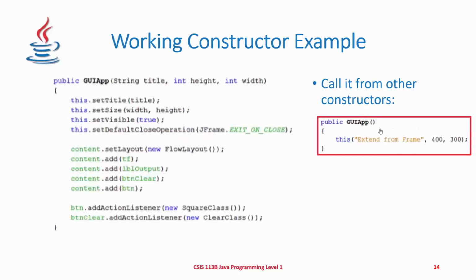Now this would be a working constructor example. You can see that in this particular constructor method, it takes in the 3 data types that are possible when creating a new instance of the GUI app. So it accepts a string that's going to be title, it accepts an integer which will indicate the height, and an integer that indicates the width.